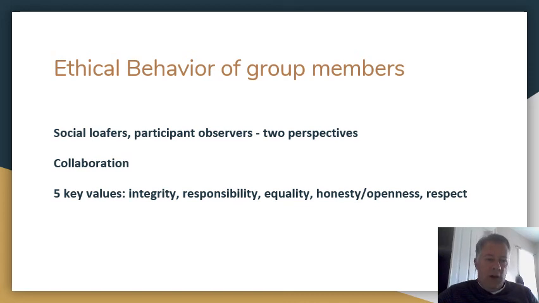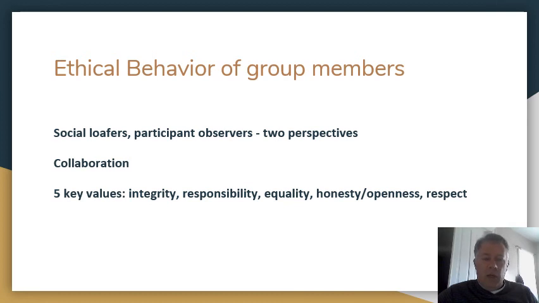So the author lays out 5 key values for your work in groups: integrity, responsibility, equality, honesty and openness, and respect. Pretty basic stuff here. Equality means, obviously, we're all equal as people, but there can be some differentiation in terms of the roles that you play in groups.